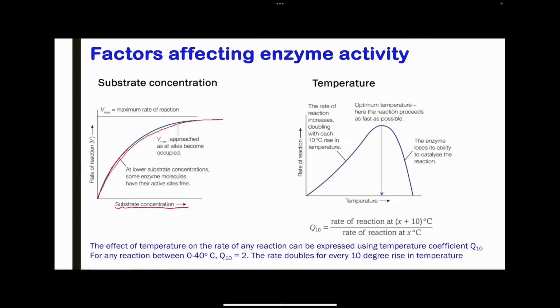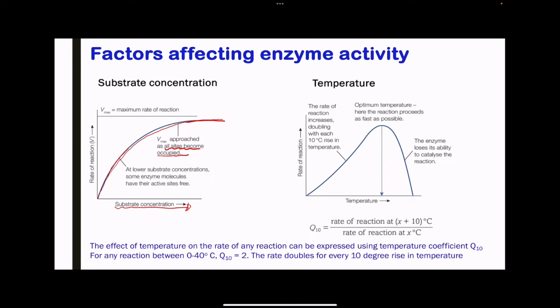The point at which it levels off is when all the sites of the enzyme are fully occupied, and no matter how much the substrate concentration increases, since the concentration of the enzymes is constant, we have no more active sites that can be occupied, and therefore the rate is going to be limited by the number of active sites. So I would say the active sites are limiting the rate of reaction when it slows down in order to level off.